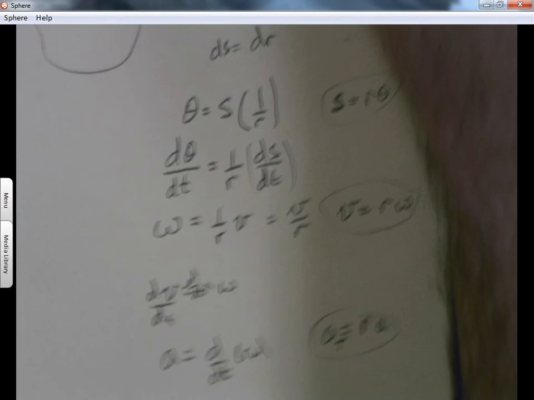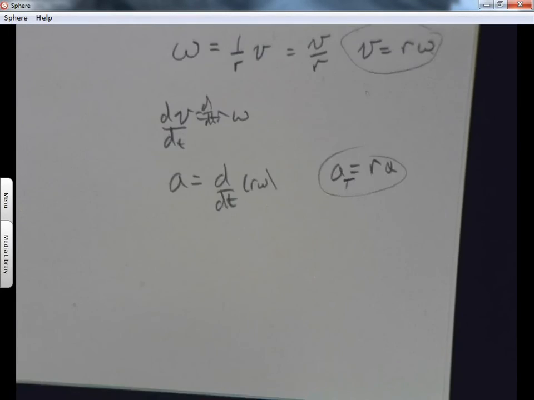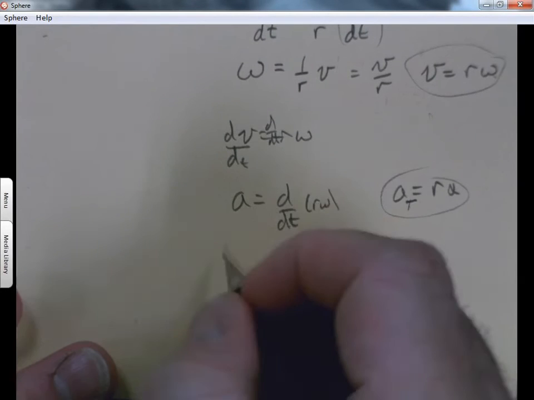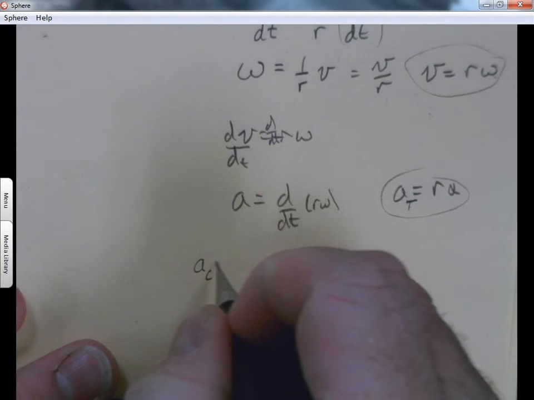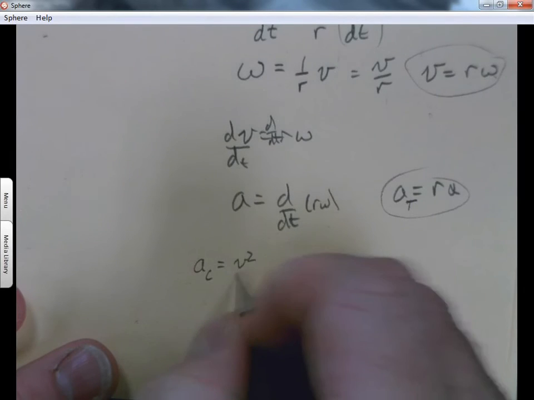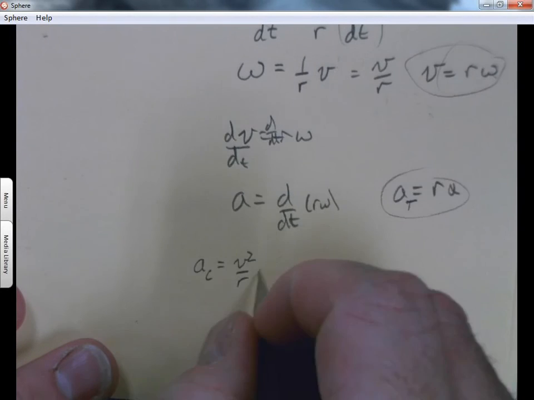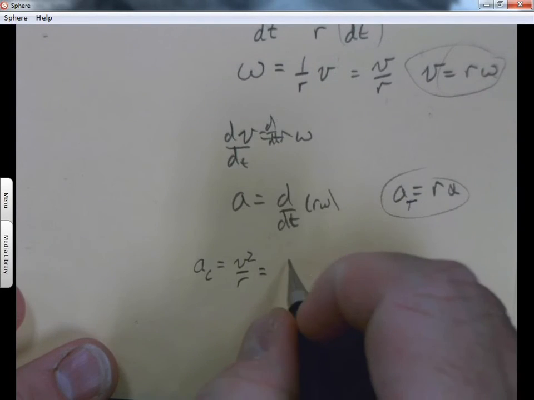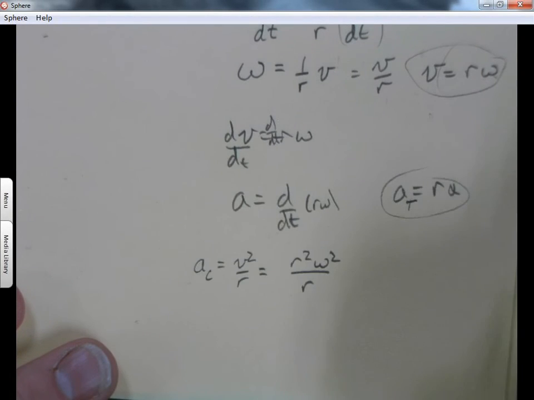Okay, we still need to talk about centripetal acceleration, and so it's a little bit more. We know that centripetal acceleration equals v squared over r. But what was v? It was this up here. So this becomes r squared omega squared over r.